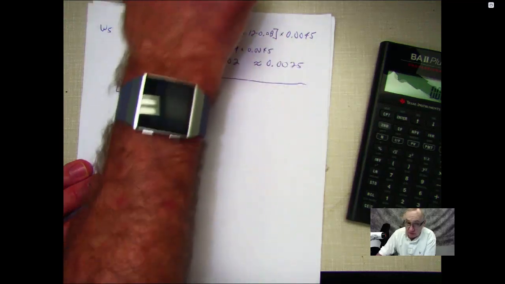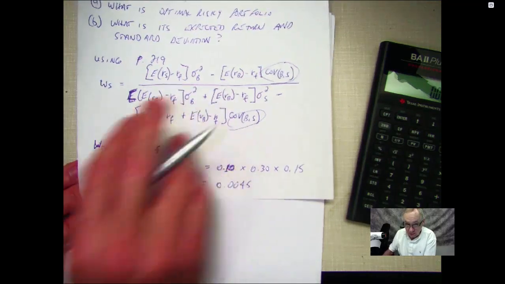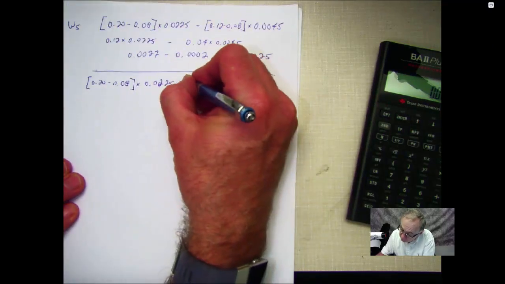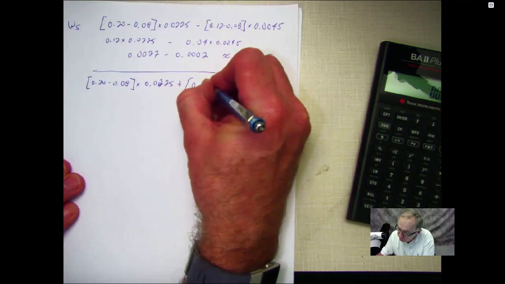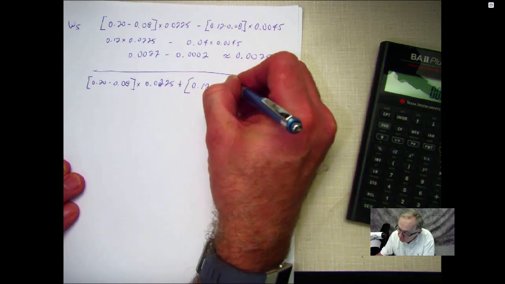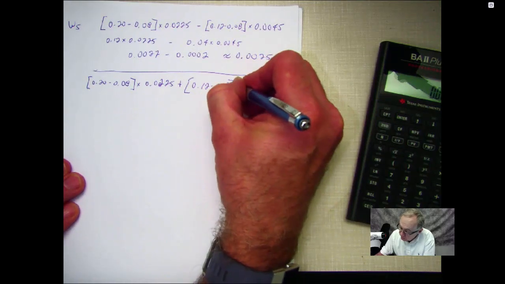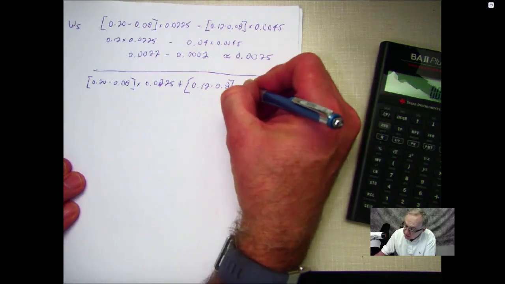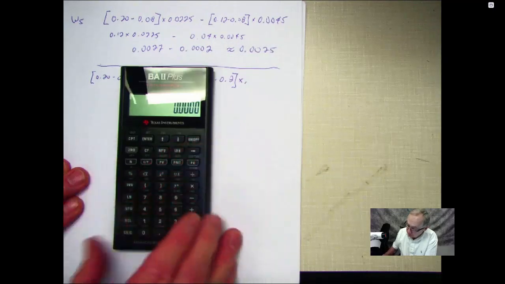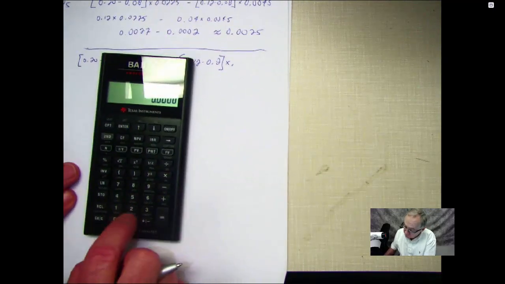Now, plus our formula, plus excess return for bonds times the standard deviation squared, or variance for stocks.